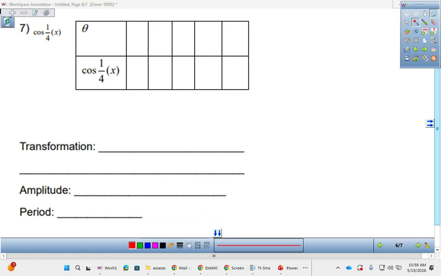So once it started at 0 and ended at 2 pi, now it's going to start at 0 and end somewhere further out, which is going to stretch it. So this is called a horizontal stretch. And that idea is different than vertical. All right?